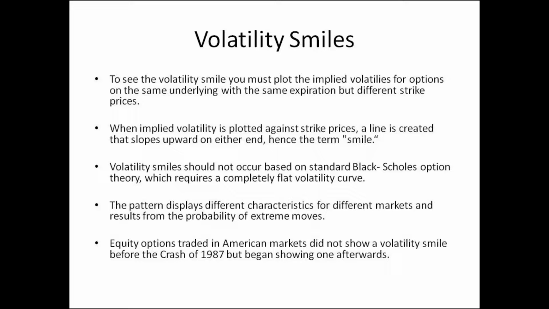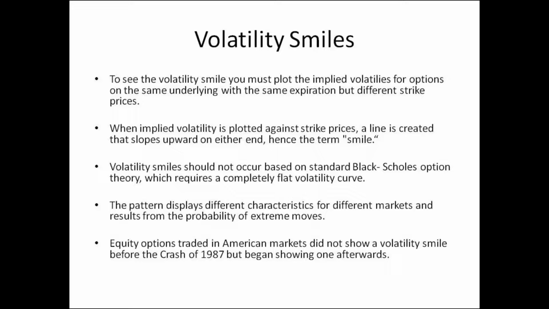So for a good while, options actually did trade usually at roughly the same implied volatility for different strikes. And after the 1987 crash, this skew in equity volatility appeared. And so that gives lead to the idea that it relates to people protecting themselves from extreme moves in the price of the stock market.